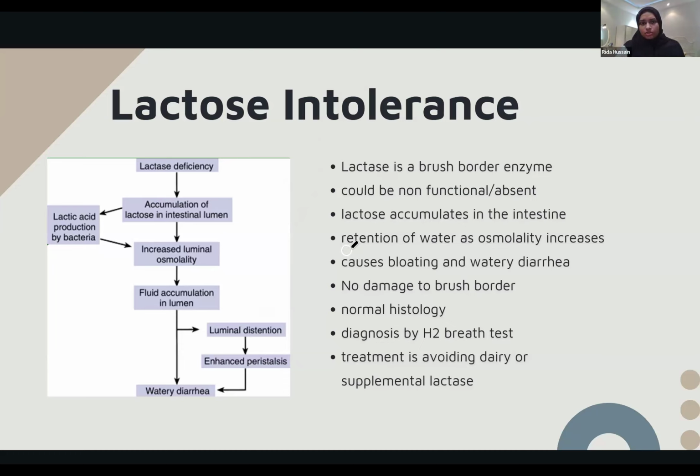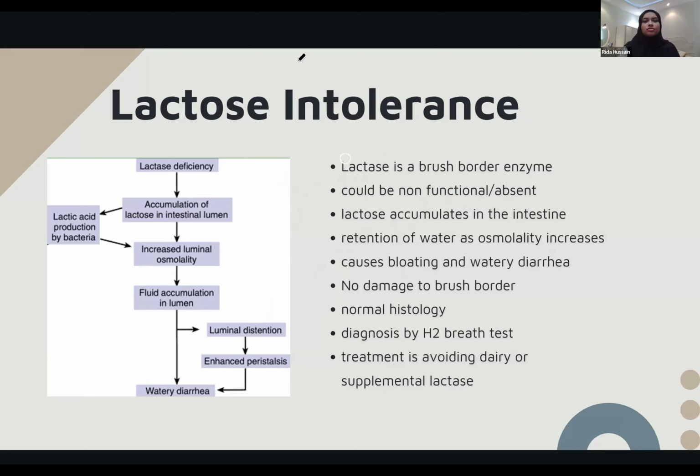So what happens is because lactase is non-functional or it's absent, or it's just not working as efficiently as it should be, lactose accumulates in the intestine. And because of this accumulation, the osmolality of the intestine increases, so there is water retention. Do you guys get that concept?